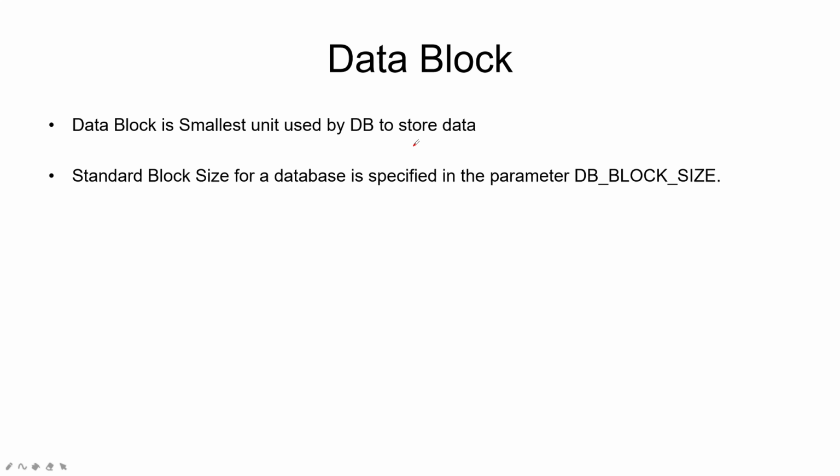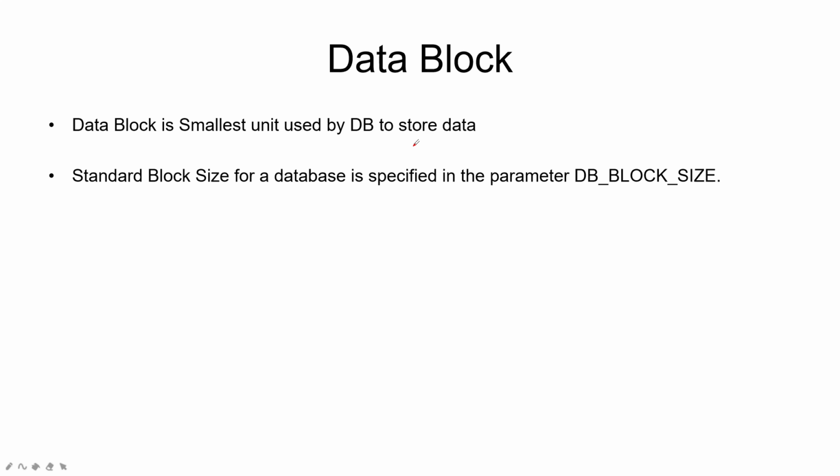So the standard block size, what we define here, is what I mentioned in the previous screen, where the block size was 2 KB. Now all those things we can in fact define using the parameter DB_BLOCK_SIZE. It's an initialization parameter through which we can store the information of the data block, that is, what the size of the data block would be.